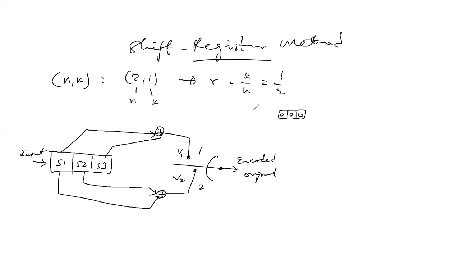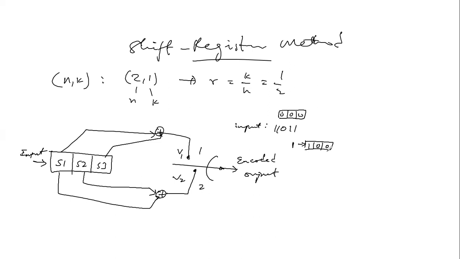Now, let's assume we are given the input sequence, for instance 1, 1, 0, 1, 1. Once we feed 1 into the original state, we are going to have 1, and the rest becomes 0, 0.